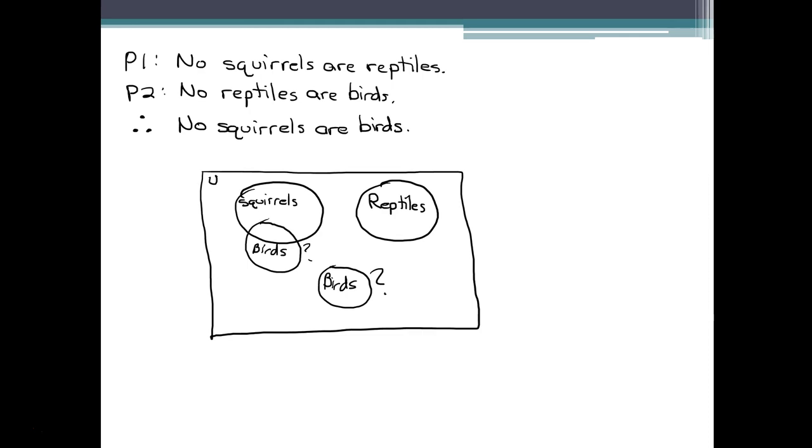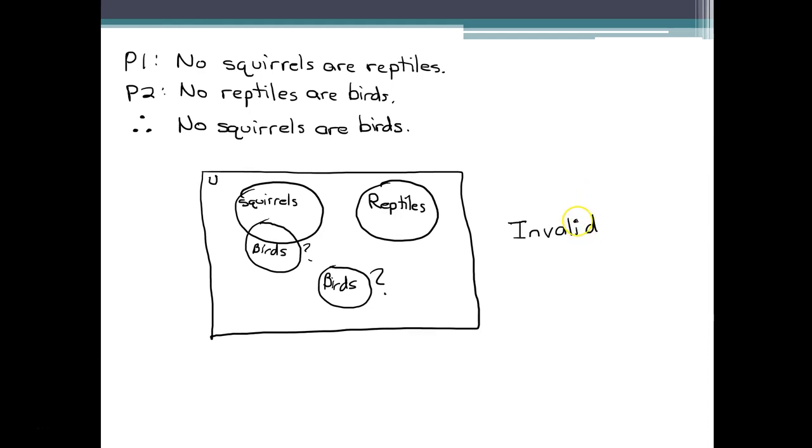I know in real life they don't, but it sounds like we have a hole here. We cannot, beyond a shadow of a doubt, say that no squirrels are birds because we weren't given that information in the premises. So can we conclude that no squirrels are birds? No. If somebody wants us to draw that conclusion, they're going to have to give us more in the premises.